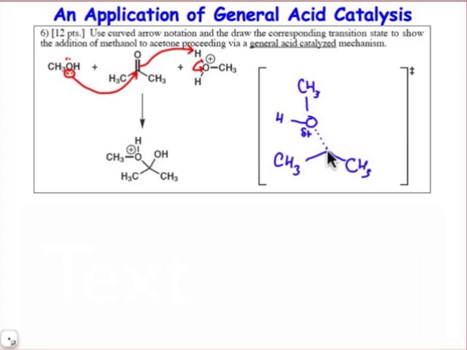The carbonyl oxygen to carbon double bond is being broken, so we need to show that as a dashed line, and then we need to show that there's the formation of an oxygen to hydrogen bond, and as that bond is being formed, the hydrogen to oxygen bond from the molecule of methanol is being broken.